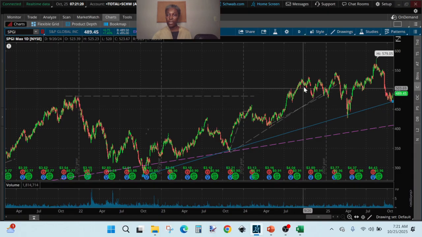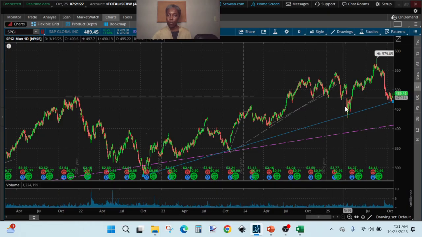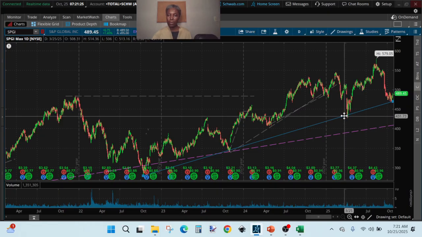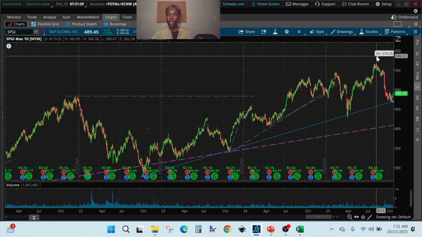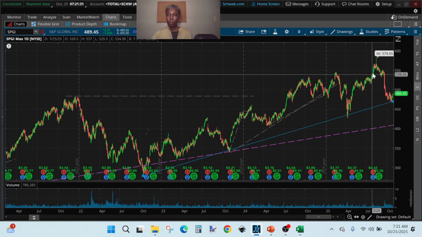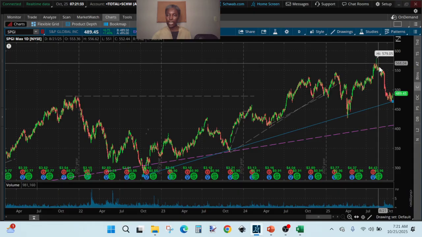And from there it continued to go up, pull back to this support line, and then went up again, you know, new highs all the way there, and then pull back.